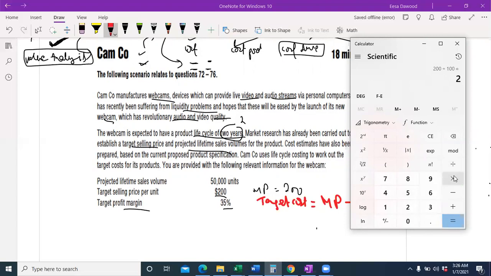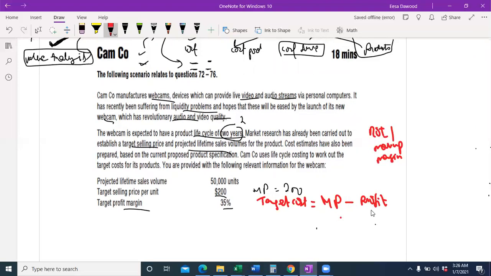So 200 divided by 100 into 35 will give me my profit. So the profit is 70. If the market price is 200 and your profit margin is 70 per unit, if you don't know that, let me tell you, from sales less cost is equal to your profit. And margin is profit as a percentage of sales. So sales would always be 100%.